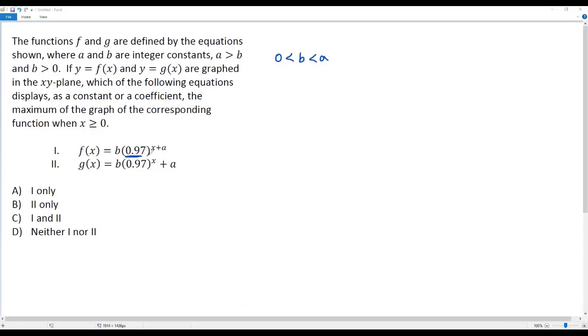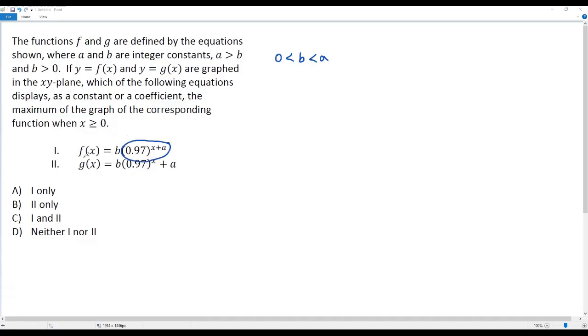In a power, if the base is a value between 0 and 1, then the power will get its maximum value for the minimum value of the exponent. When I consider the exponent over here, a is a constant and x is a variable, and this exponent will get its minimum value for the minimum value of x, that is 0. So when x equals 0, the exponent will be minimum and the value of this power will be maximum.